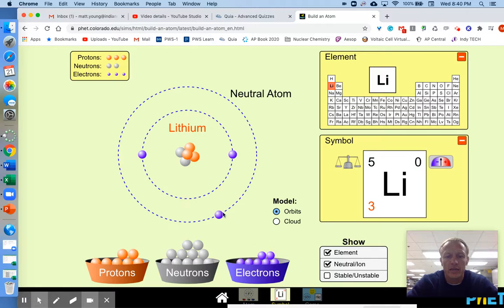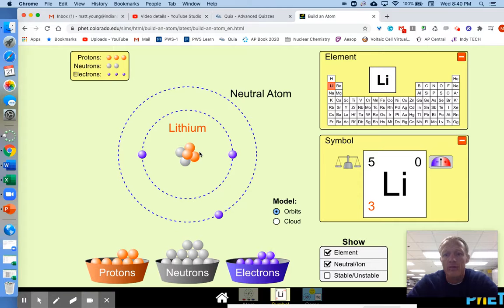So you can add things in. Notice 2 electrons fit in that first energy level, which again is not quite important yet. But this is lithium because it's got 3 protons. It's the only element with 3 protons. It's got 3 protons and 2 neutrons. If we add those up, that is 5 AMUs.